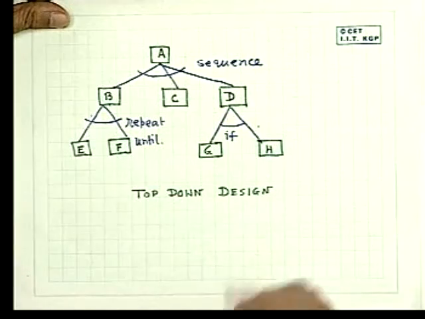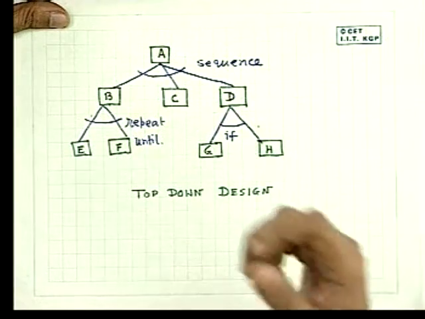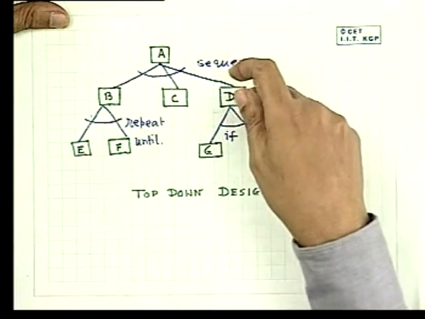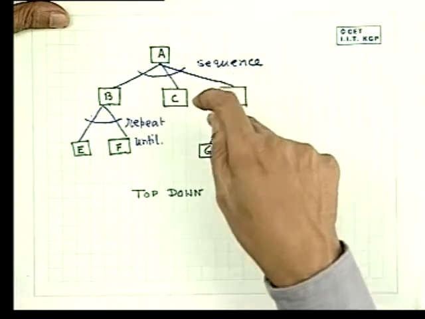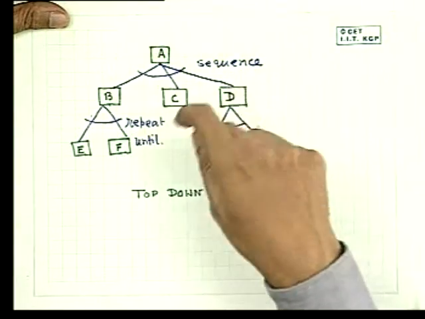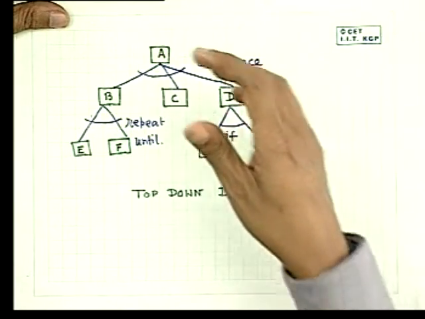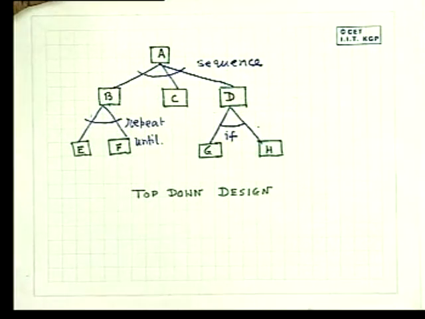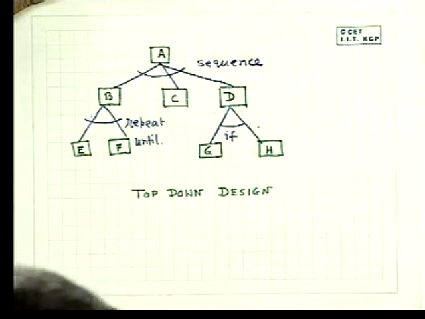For example, it might be a function E and function F, which will be repeatedly called until certain conditions are satisfied to solve the problem B. Similarly, the problem D will require solving either G or H depending on the conditions, and these will involve solving these problems in sequence.